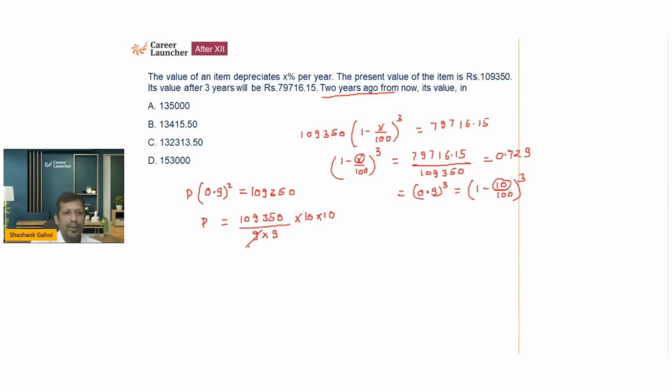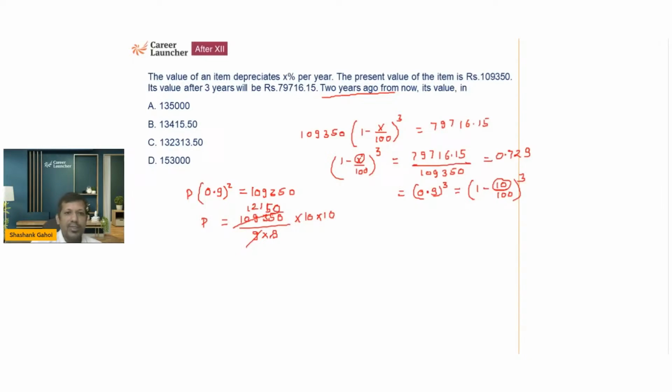I'm going to cancel this out. 9 into 12 is 1, 3, 1, 1, 5 is going to be 1. Then it is going to be 2, then 5, then 0.